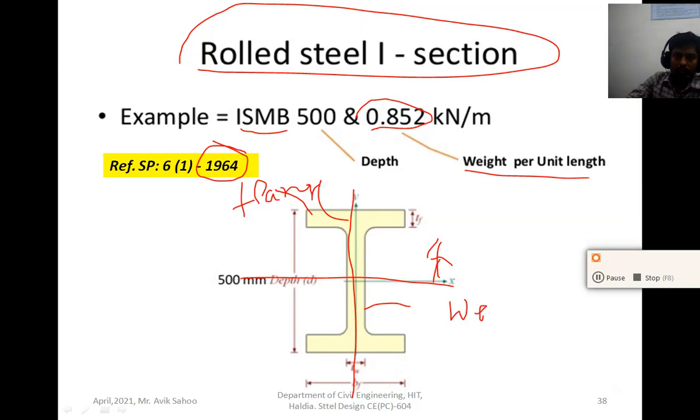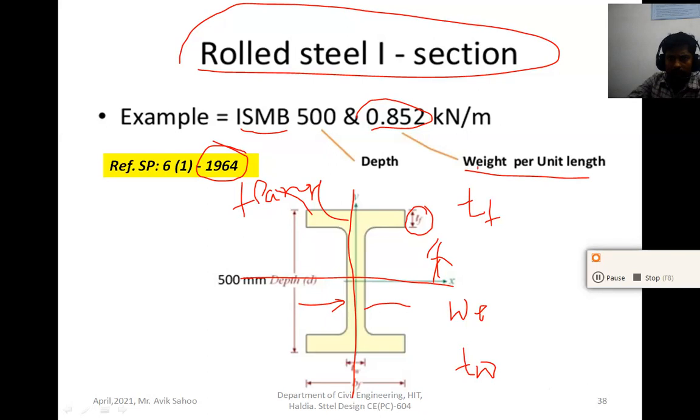So this is symmetric. This is a flange. The thickness of the flange is denoted by T suffix F. This vertical part is called the web, and its thickness is denoted by TW, thickness of web, and this is the flange width.